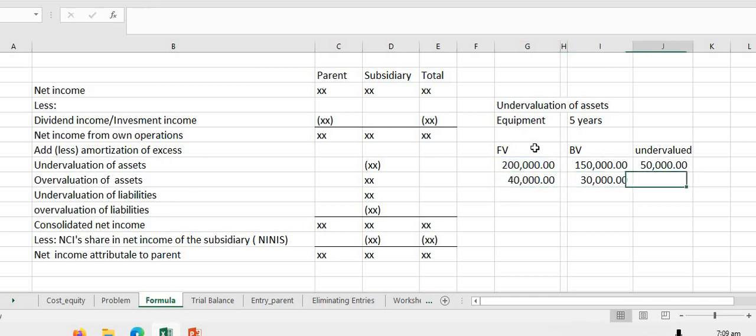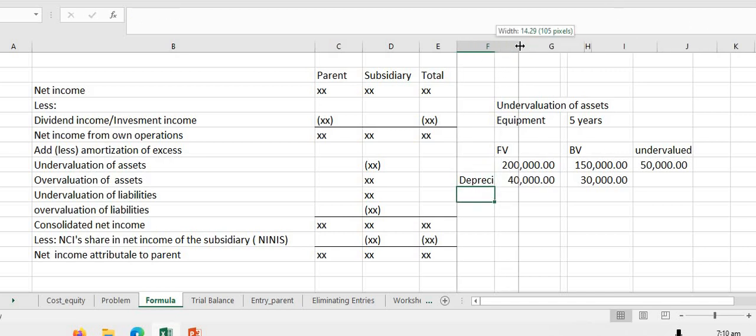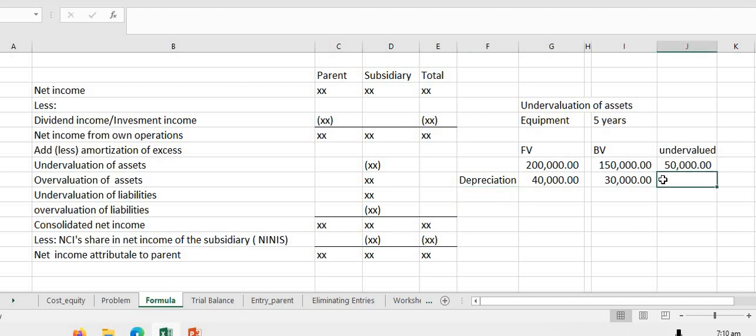So therefore yung depreciation natin is understated by 10,000.